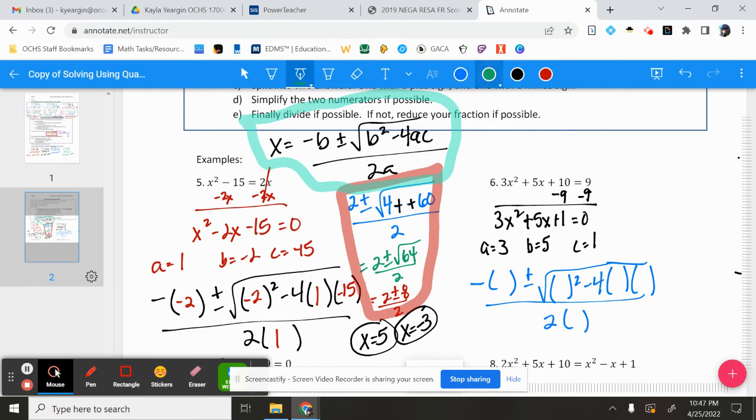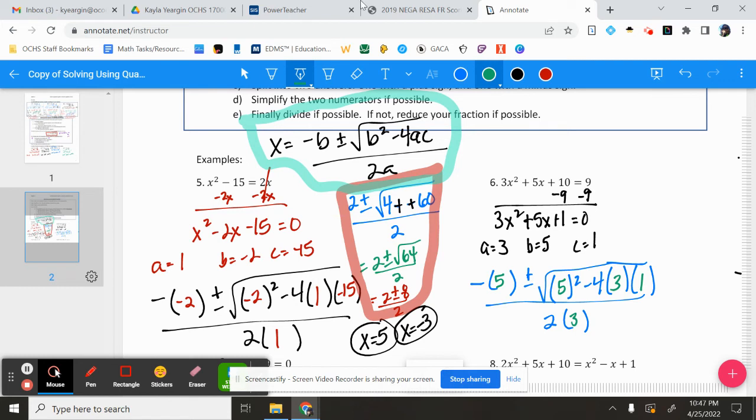Then all you have to do is come by and plug in the values. My b value is 5. In this case, it's positive 5. So I have 5 squared minus 4 times a of 3 and c of 1. Remember, 2 times a goes in the denominator.